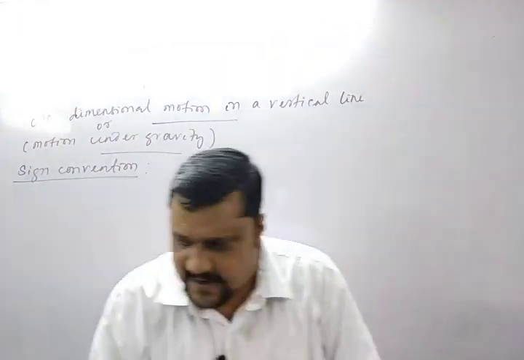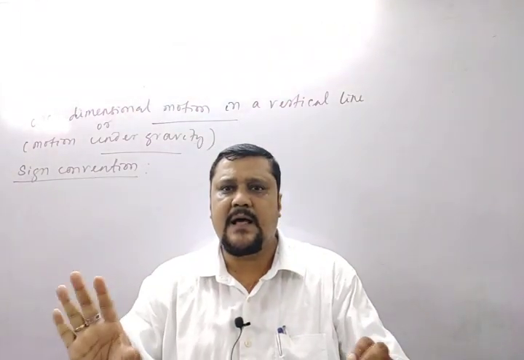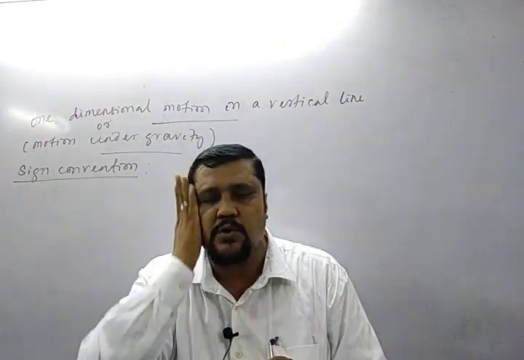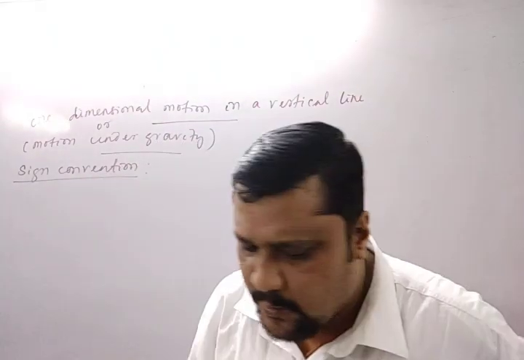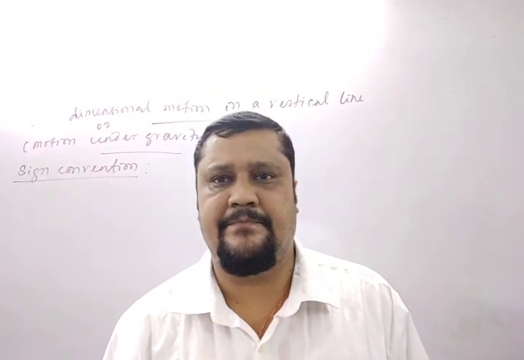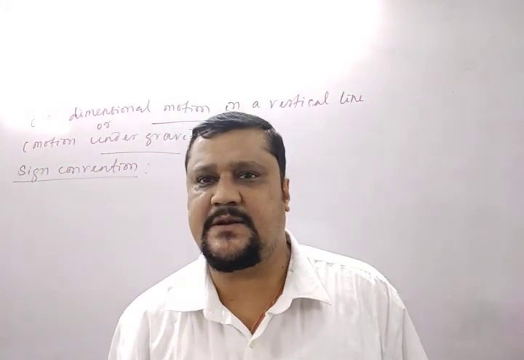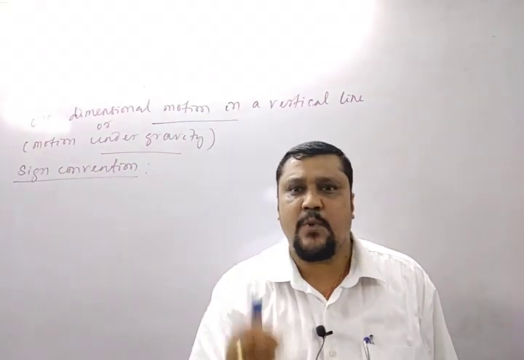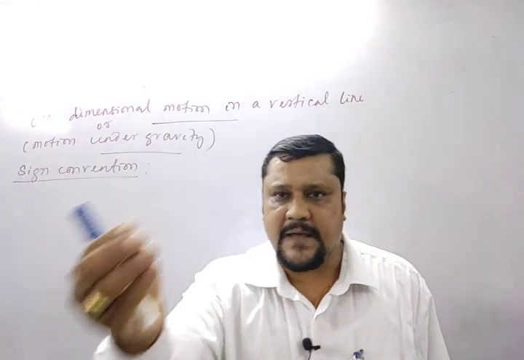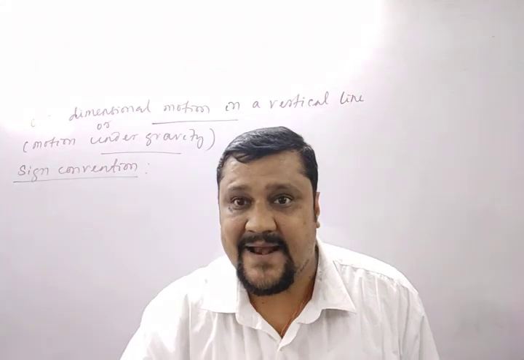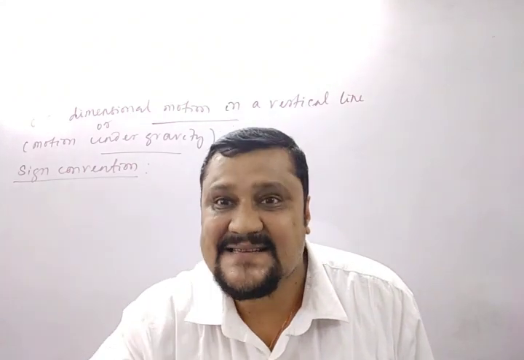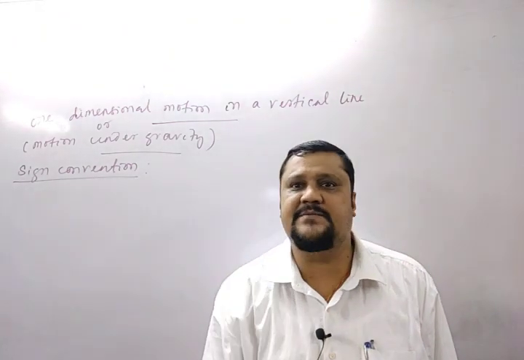So the body is under the gravitational force of attraction of Earth. We use the sign convention on the distance or displacement, the velocity, and the acceleration, because time cannot be positive or negative.